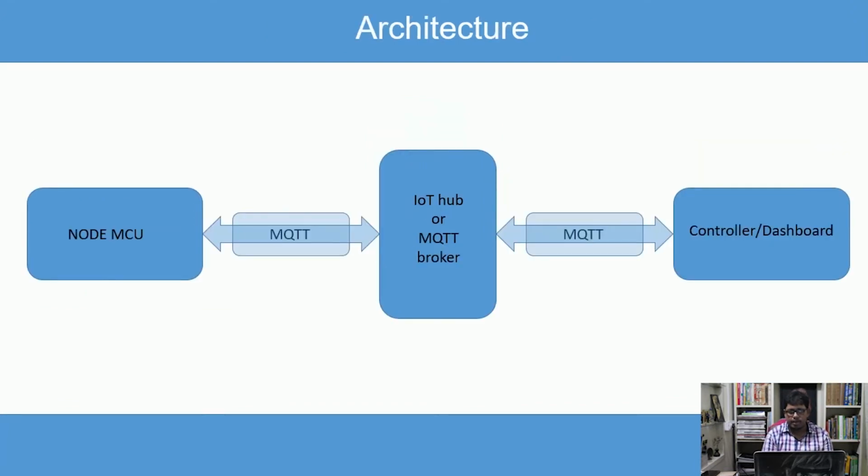In the architecture, we have a Node MCU which is connected to the MQTT broker using the MQTT protocol, and we have a controller, dashboard, or app, whatever you may call it, which is again connected to the MQTT broker. Now this MCU and controller subscribe to the same topic. That's how the message transfer takes place.